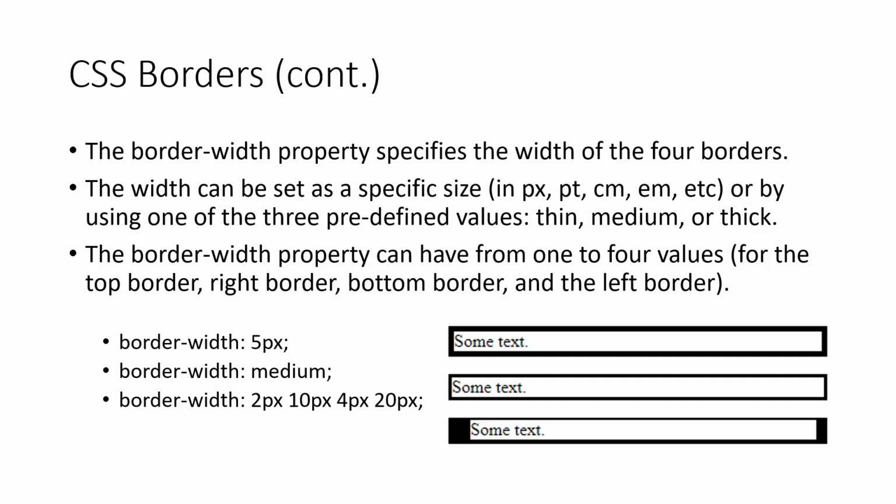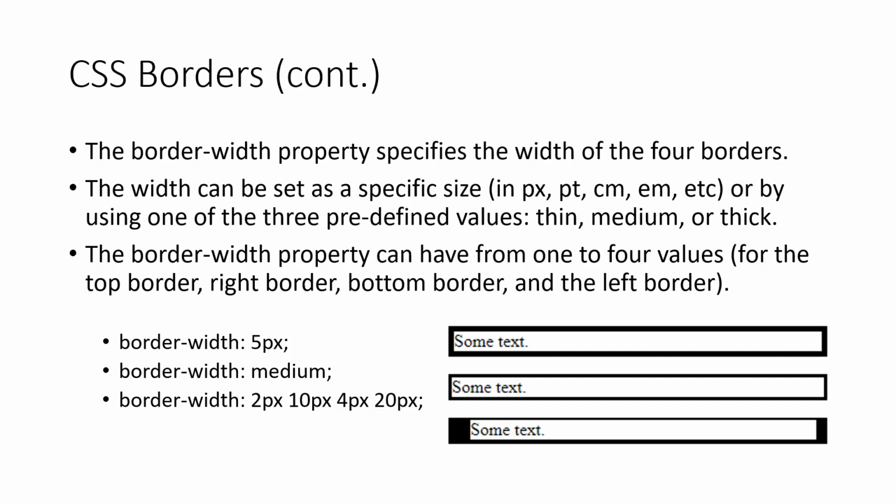So the 20 pixels. Let me check quickly. Okay, top, right. Okay, sorry. It should go like this. Top is 2 pixels. Then the right is 10 pixels. The bottom is 4, and then the left is 20. So that's how it goes, right? So that's how we specify the border widths.